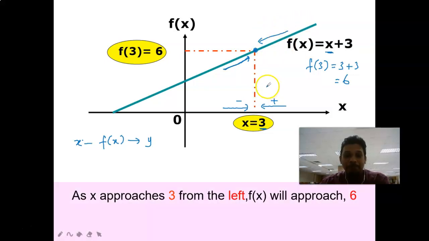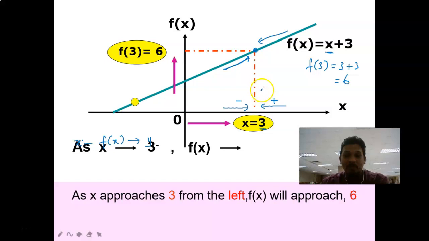So then, as x approaches 3 from the left, then f(x) equals 6. Okay, it might not be exactly 6 because the value of x is just approaching 3 from the left, but not exactly equal to 3.